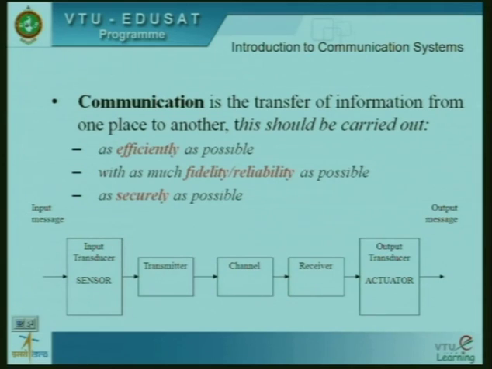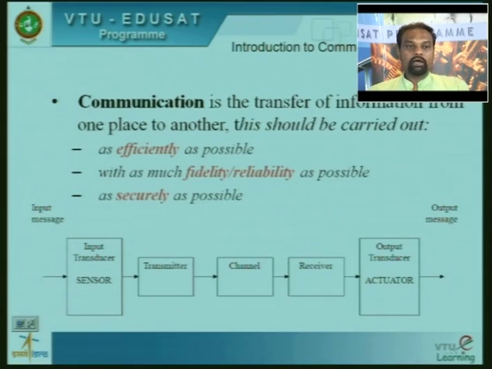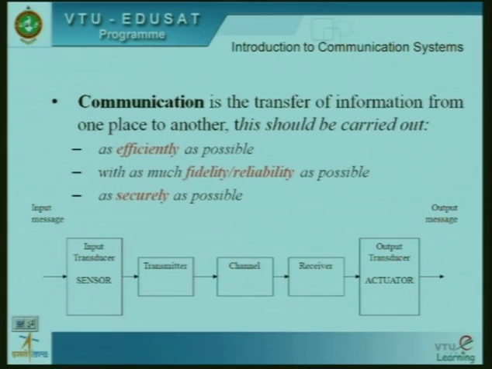The process of converting or translating the incoming signal coming from a sensor to a frequency of higher range is what we call modulation. And at the receiver side, the high frequency signal received by the antenna is converted back to the low frequency signal or the information signal, and that is what we call demodulation.